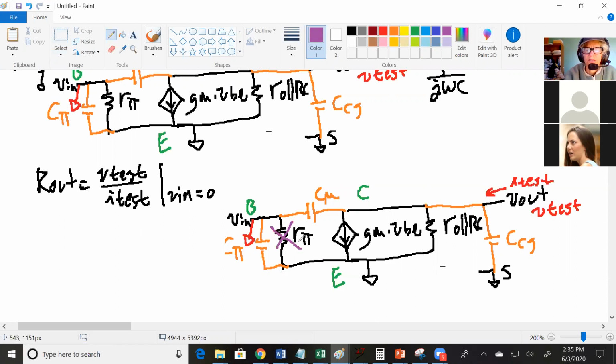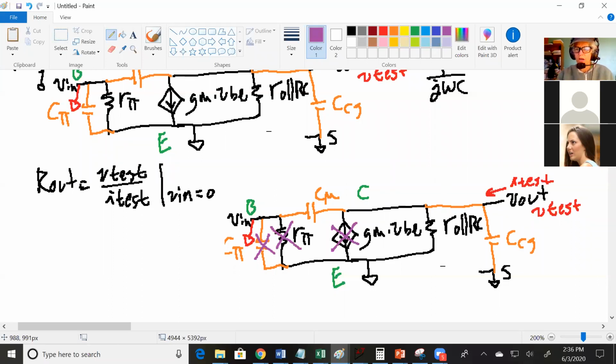And then the current source, gm times VBE. VBE is across R pi, so it's 0. Get rid of the current source. So that looks good. The C pi, it's also going from ground to ground. So if you have a capacitor with both sides grounded, you get to ignore that too.